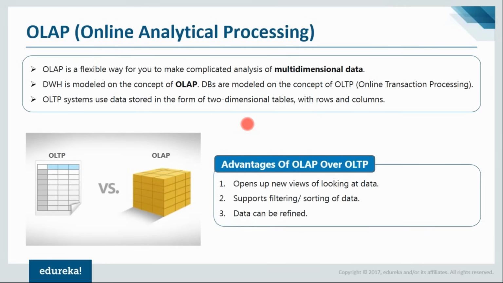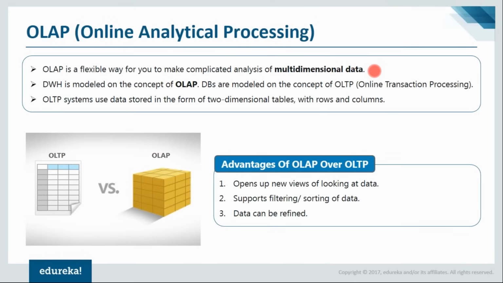First of all, let me give you a brief about OLAP again. Let's go into details here. As it says, OLAP is a flexible way for you to make complicated analysis of multidimensional data. When we say multidimensional data, whatever data is stored in a data warehouse has multiple views, so it will be stored in such a way that you can perform analysis.